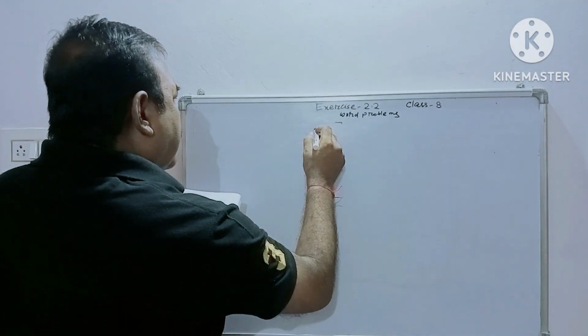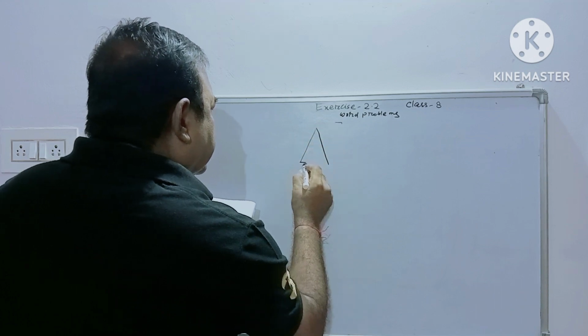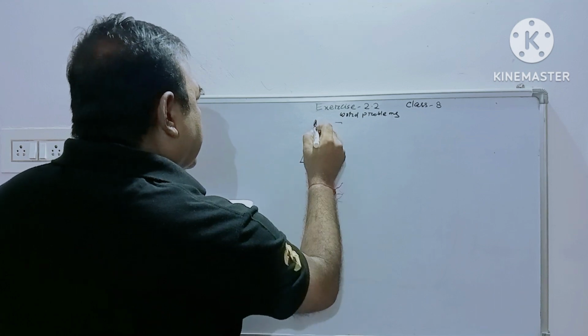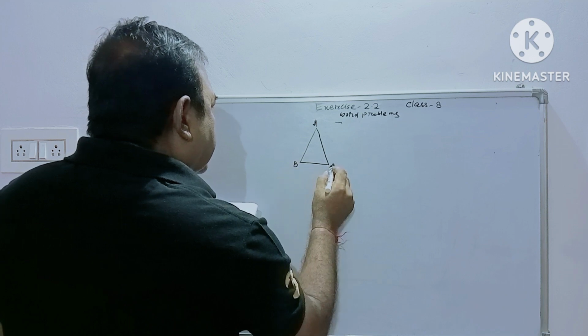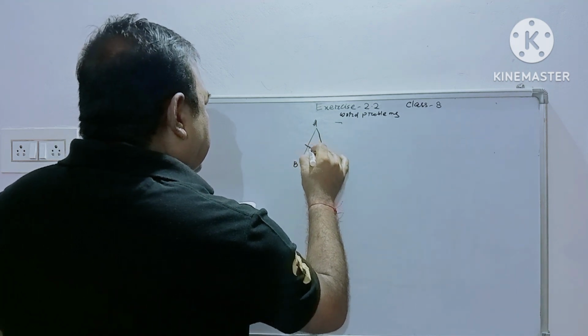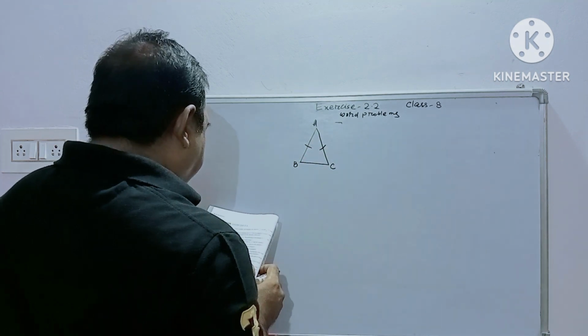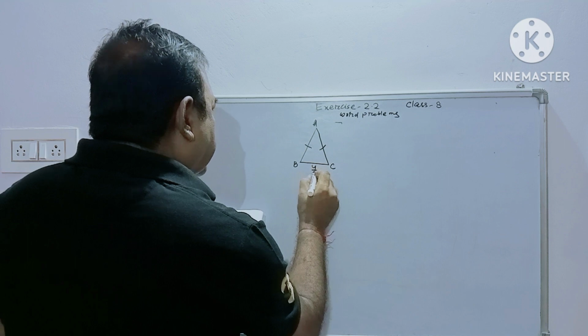You know, it is an isosceles triangle. Suppose the length of AB is equal to the length of AC and BC is called the base. So it is 4 upon 3 centimeter.